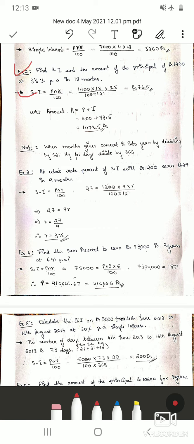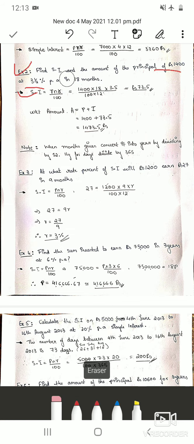Now first we will find simple interest. The formula is PNR by 100. Here they have given the principal as rupees 1,400, the rate is 3.5 and n is 18 months. So we will have 1,400 into 18 into 3.5 divided by 100 into 12, because they have given months.